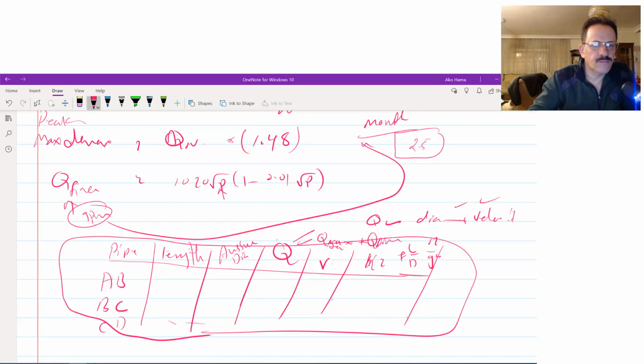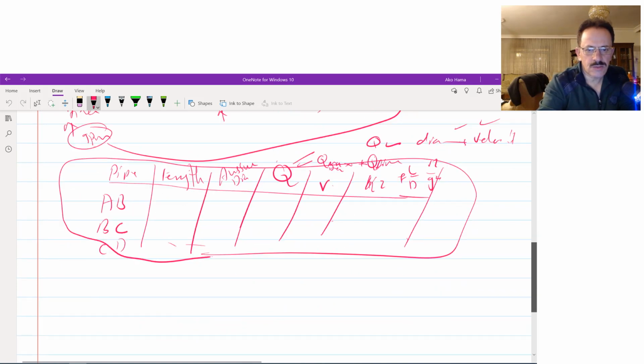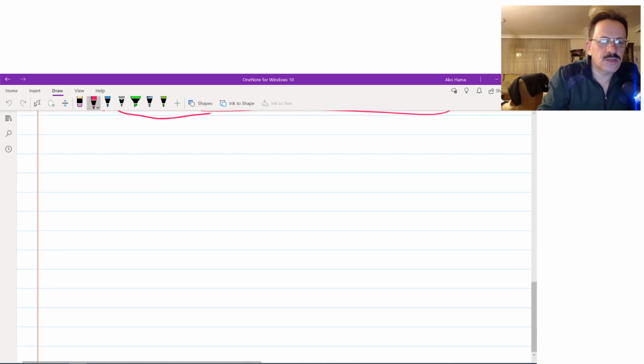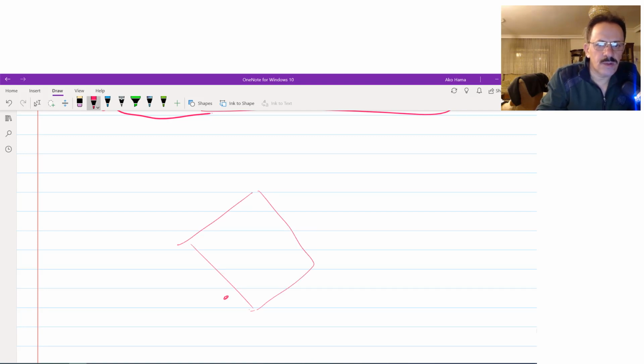Now the question is how to start. So let's draw a sketch for the work. It will look like this. This is the block. I start with this manhole, and this is manhole number 2. This is manhole number 3. And there is another manhole here, 1 2 3 and 1 2 3.